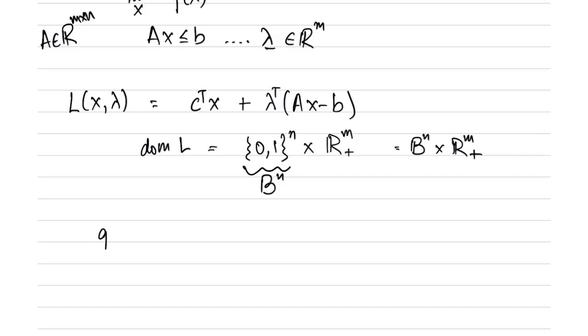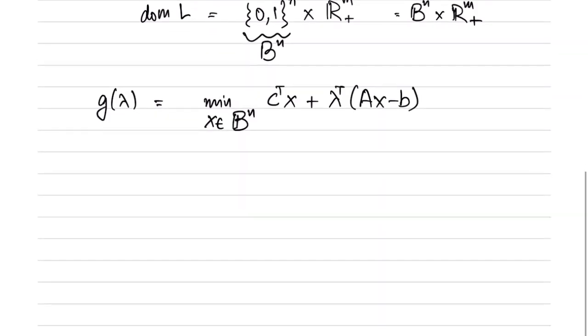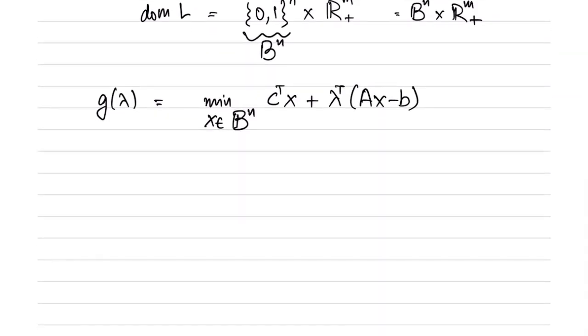Now the dual function is given by g of lambda equal to minimize over x in B^n of the objective function c transpose x plus lambda transpose (Ax minus b). Let us massage this a little bit, because the objective function depends on the xi's, and each of these xi's appears as a summation, and likewise in the constraint.